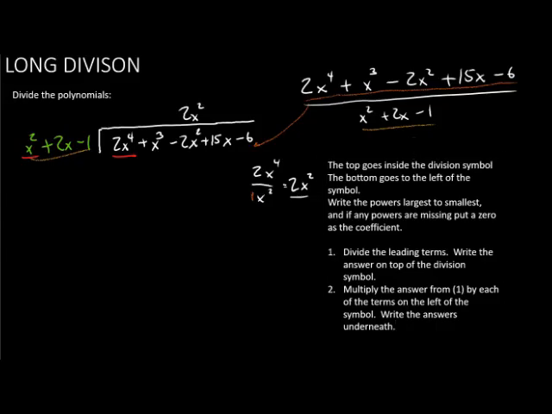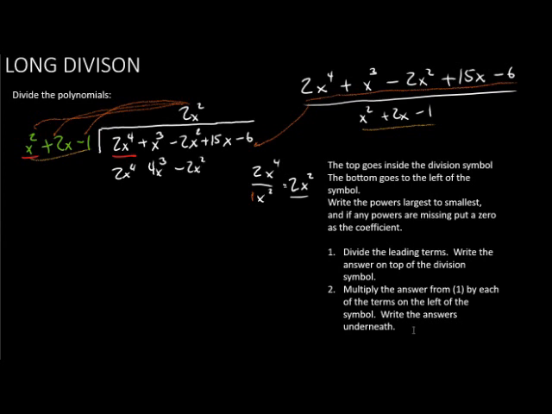So we will take the 2x squared and multiply it by x squared, multiply it by 2x, and multiply it by -1. 2x squared times x squared will give 2x to the fourth power. 2x squared times 2x will give us 4x to the third power. And then 2x squared times -1 will give us -2x squared.